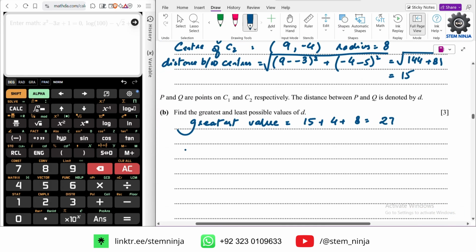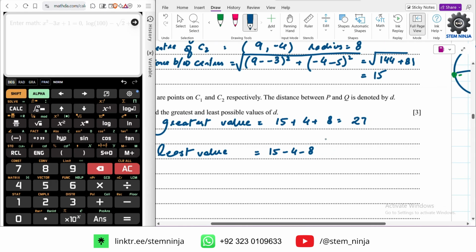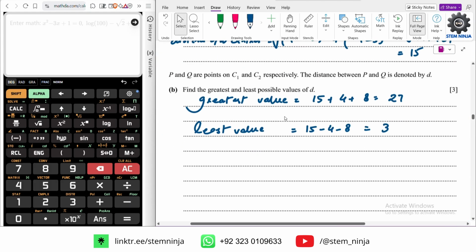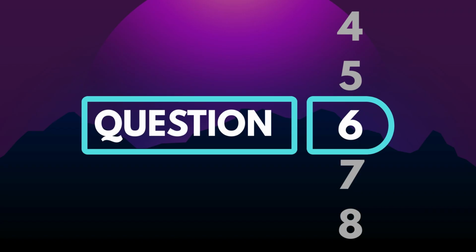And the minimum value, the least value, is going to be the opposite. So 15 minus 4 minus 8, 15 minus 12 is 3. So this was a no-brainer, and I think that's it for this question. Let's move on to question number 7.